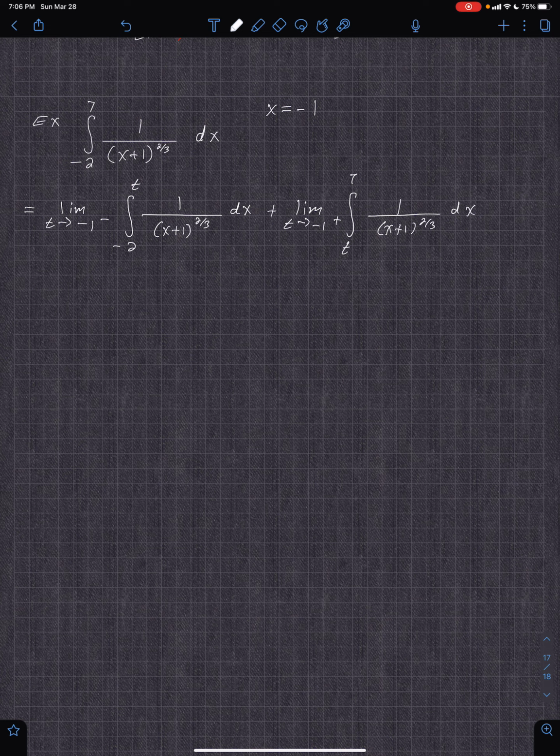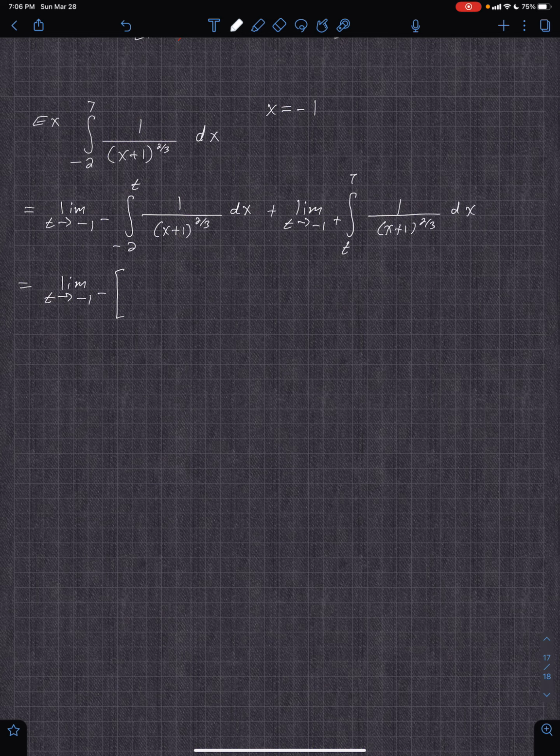So now you're doing this properly, and you'll do your limits how we need to do them. So this equals the limit as t approaches negative 1 on the left, and then we do this integral. I actually did this off to the side with just a u. If you pick u to be x plus 1, your du is dx.